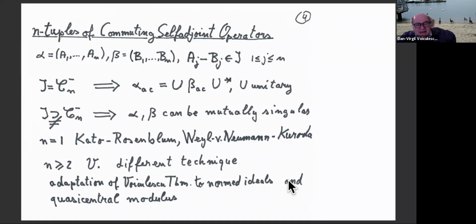Okay, so I'll start with some of my older results on perturbations of N-tuples of commuting self-adjoint operators.